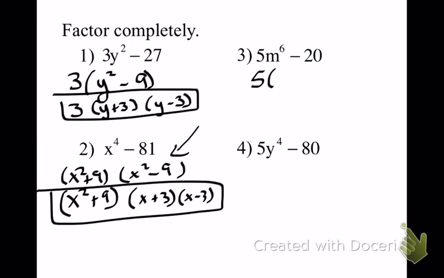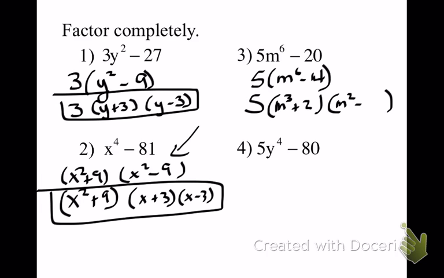We can divide out a 5, and I've got m to the 6 minus 4. Now this one gets tricky. M to the 6 is really made up of m to the 3rd times m to the 3rd.